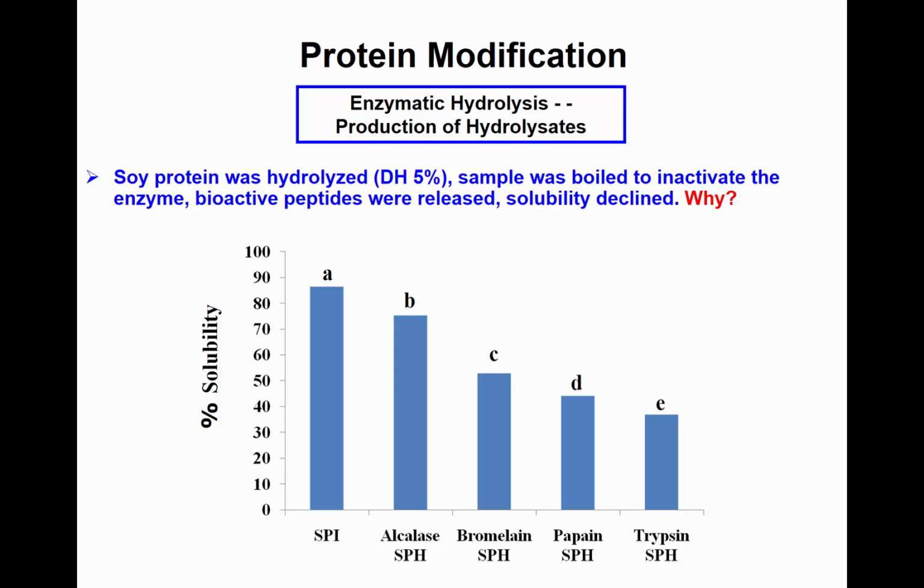But here we screened different enzymes: alkylase, fungal enzyme, bromelain from pineapple, papain from papaya, and trypsin digestive enzyme. And the solubility was, no matter what we use, it was reduced. Why?